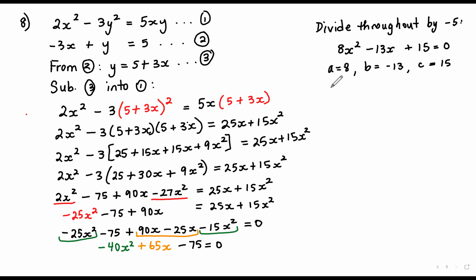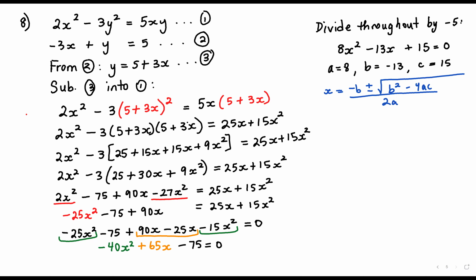So using my quadratic formula, which you may or may not recall, x is equal to minus b plus or minus the square root of b squared minus 4ac, all divided by 2a.